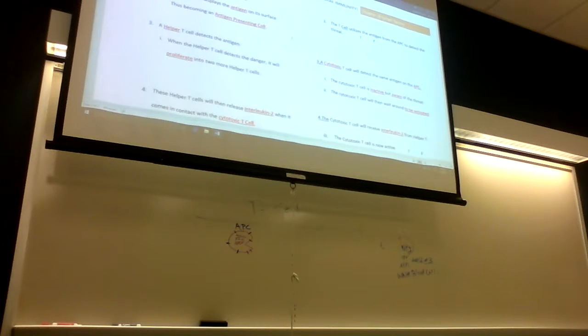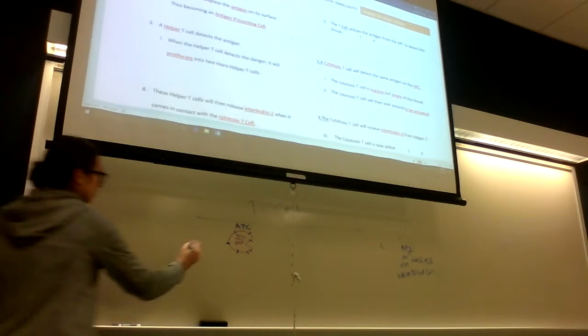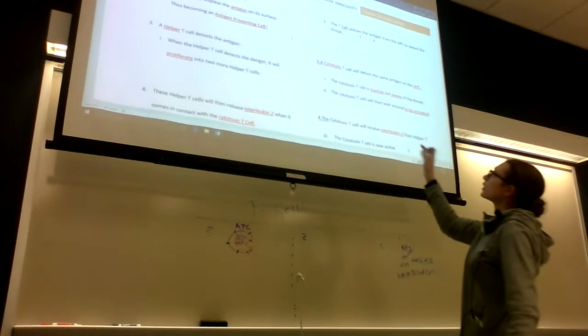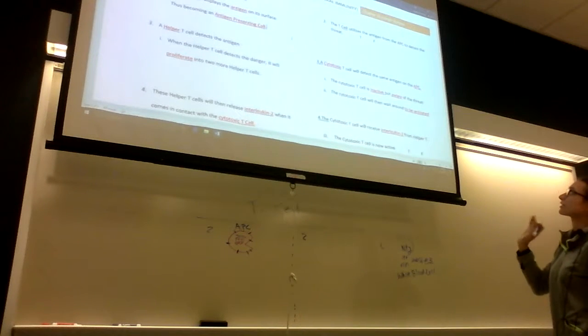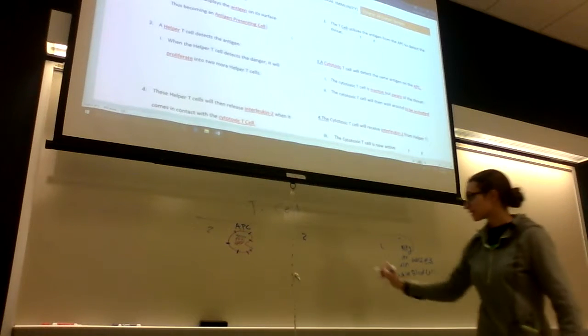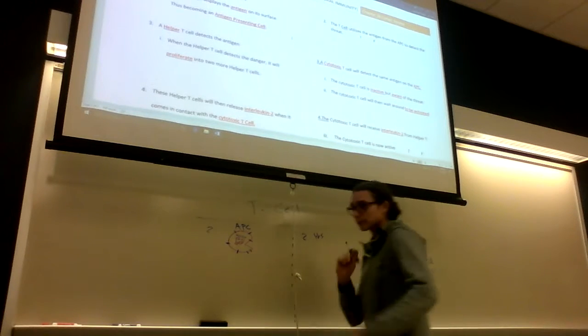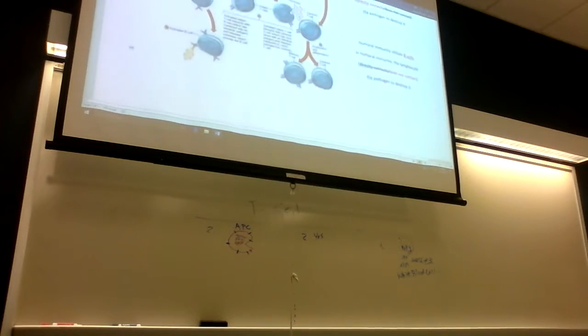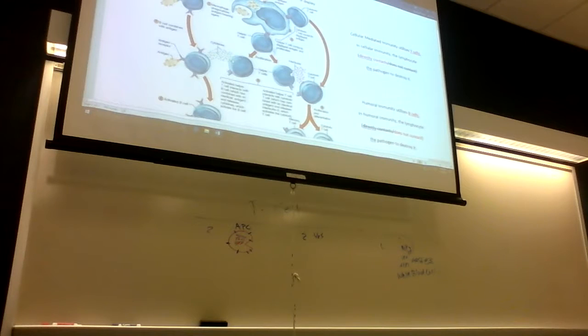So looking at your picture, step two, does the T cell utilize the antigen from the antigen-presenting cell to detect the threat? Yes, it does. So when we flip back to the picture really fast, you can see that it connects.